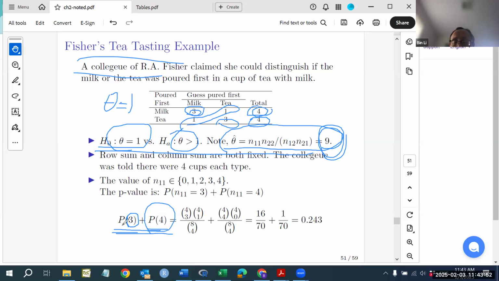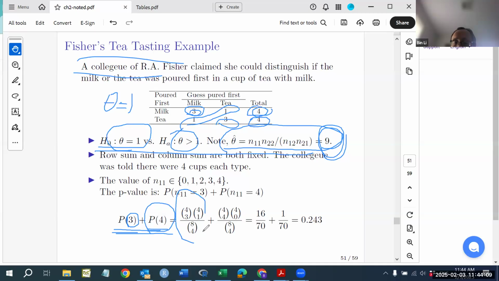So what is the chance of getting N11 equal to 3 using the hypergeometric? We have 4 choose 3 times 4 choose 1, divided by 8 choose 4.